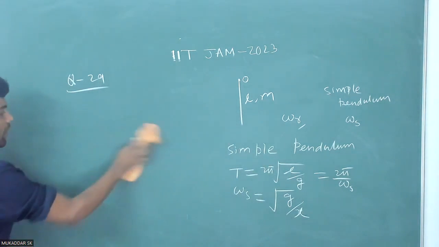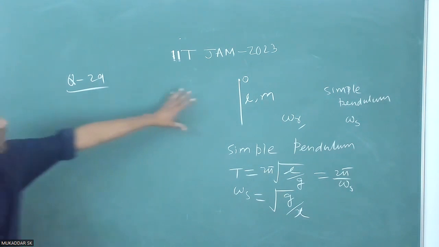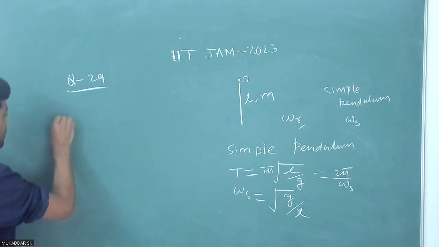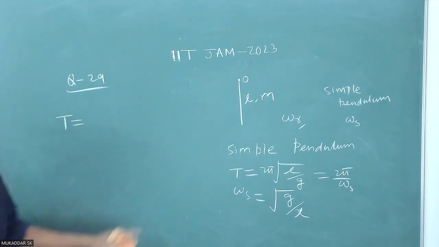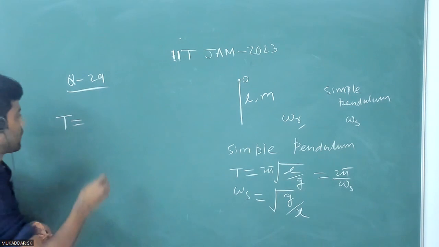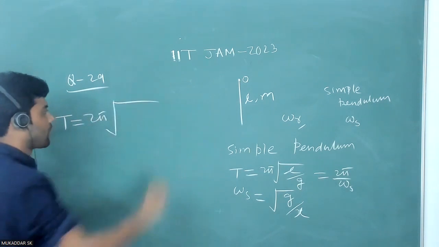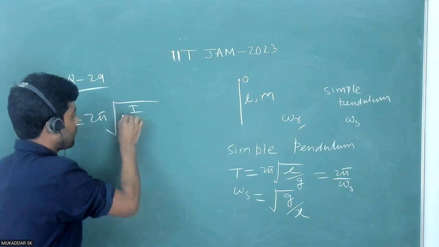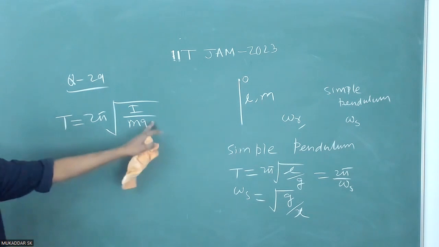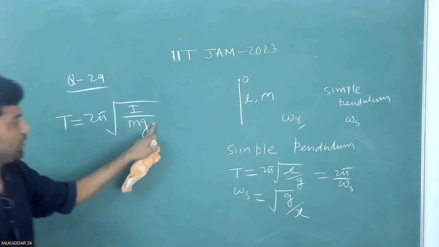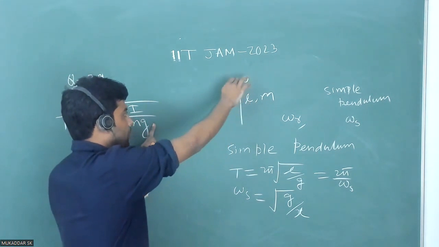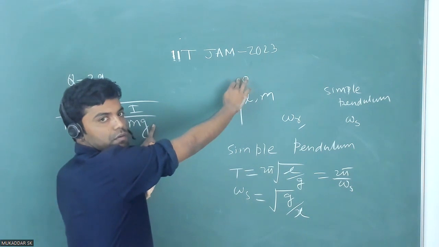Now to calculate omega r for the stick. First of all, if I calculate the time period of oscillation of the stick, like a compound pendulum or physical pendulum, the formula is 2 pi square root I, the moment of inertia, divided by m g l, and that l is basically the distance from the center of gravity to the point of suspension.